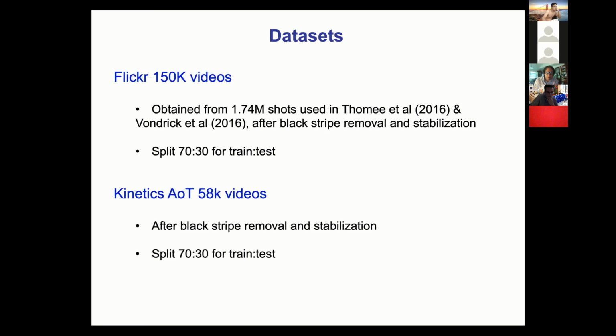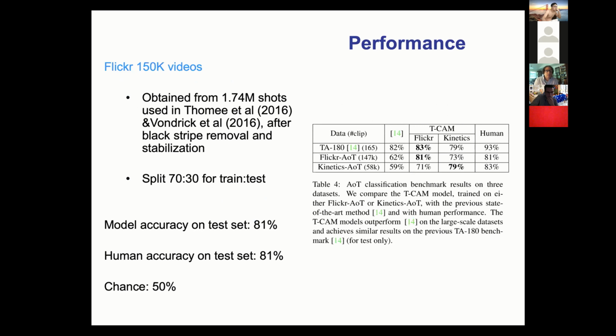So then we trained it, and we obtained these results. So let me explain this table. Reference 14 is the pre-neural network arrow of time work that we had done before. And in that context, we developed a small arrow of time data set.